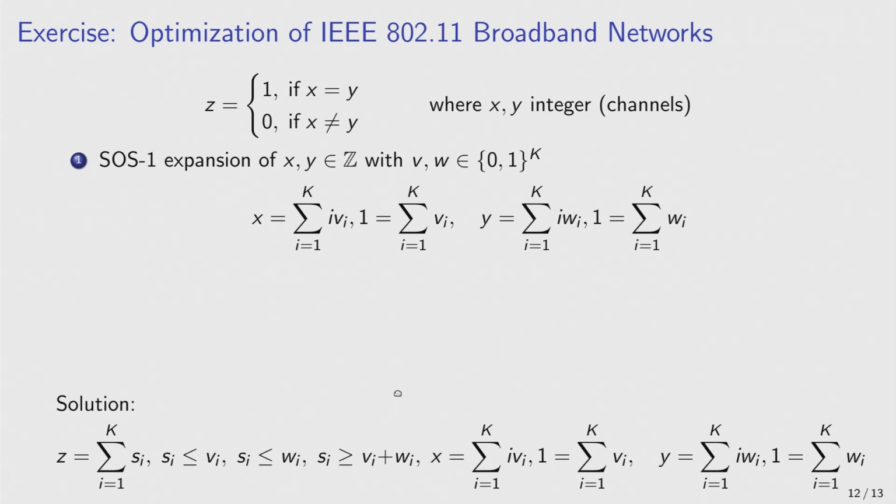It's good. It's a lot more variables, right? Instead of having 3 variables, x, y, and z, I still have x, y, and z, and in addition I have 3k additional variables. But this is linear.